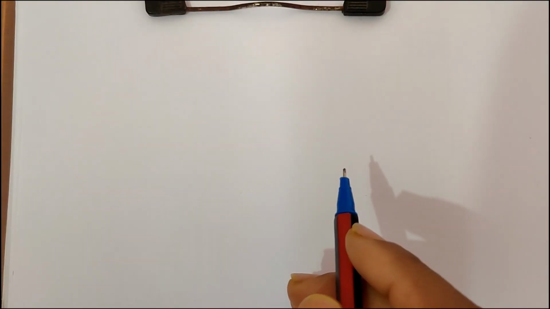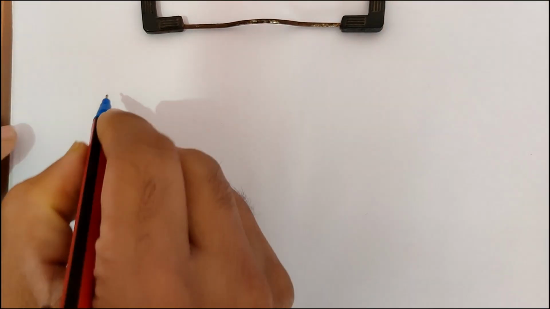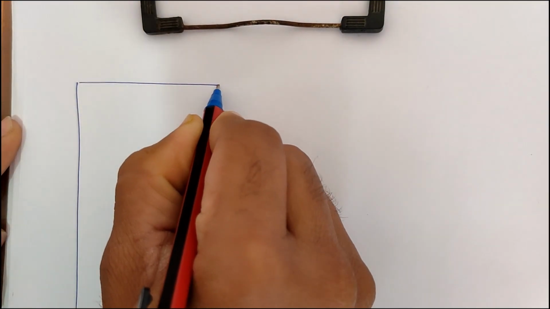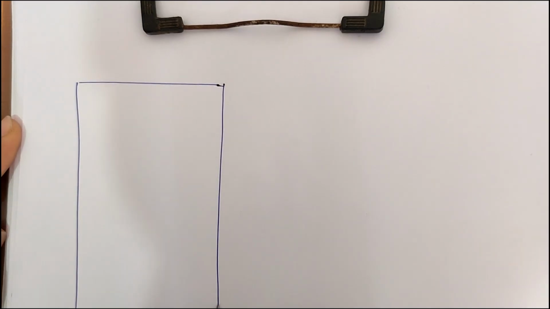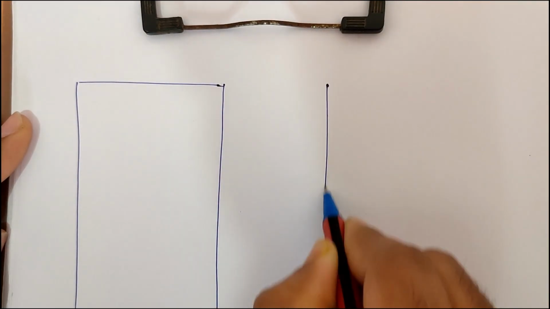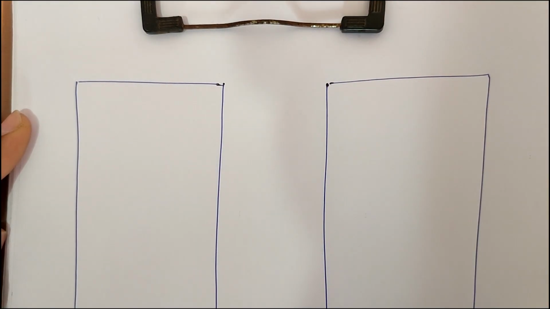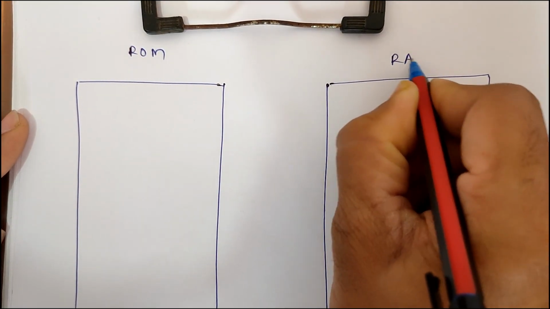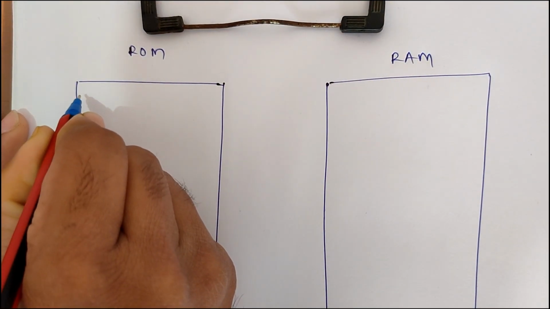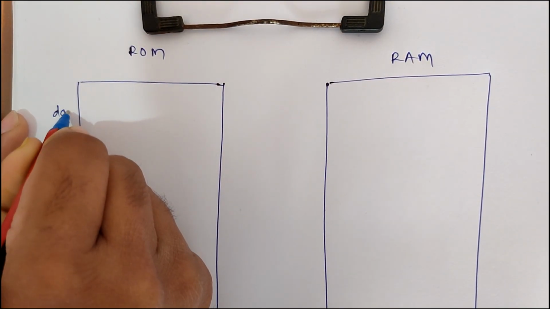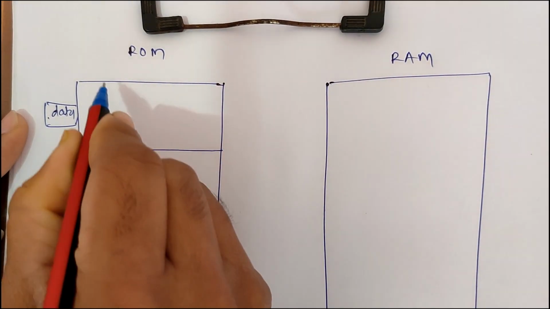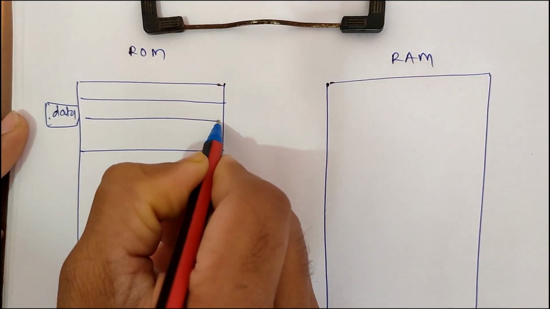I am drawing the RAM and ROM sections. I am drawing it bigger so that you understand what I am doing here. Here I have ROM, I have RAM, and then the data section. I am just drawing a rough diagram.